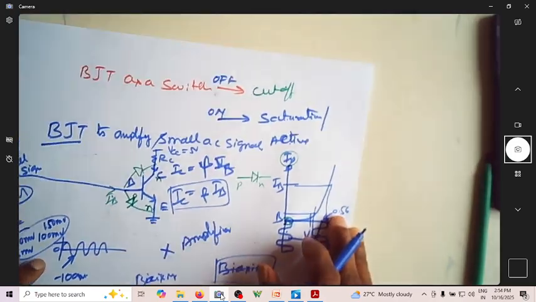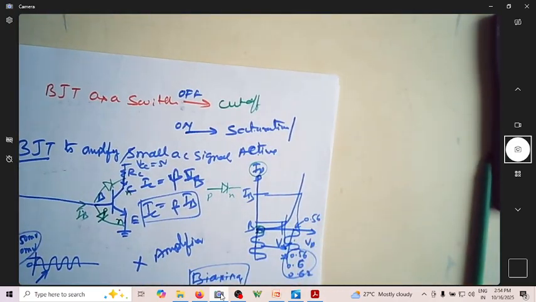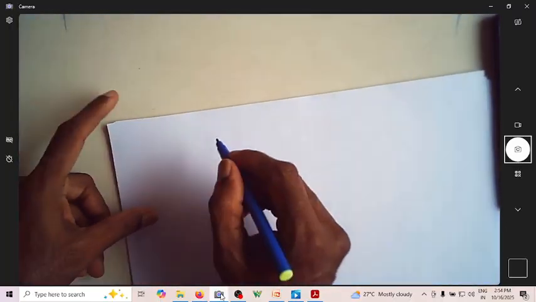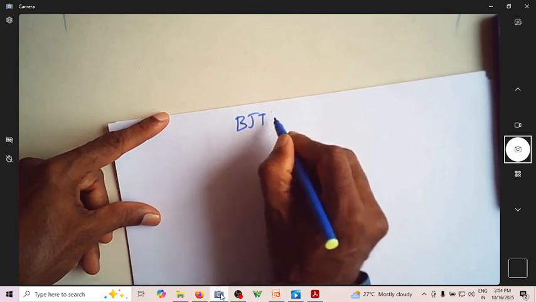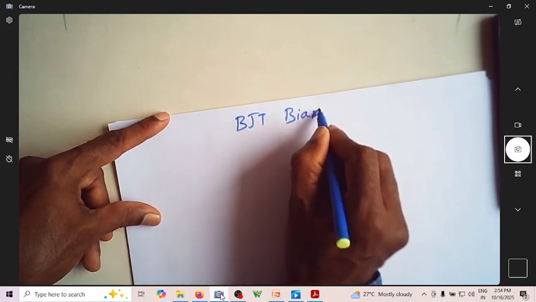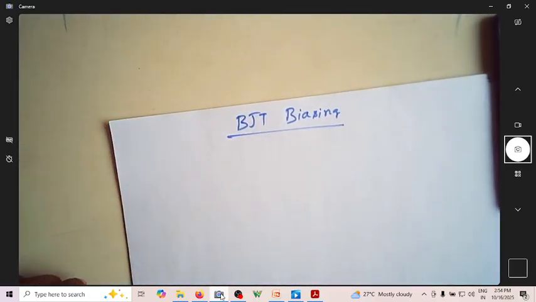So now let us see how we achieve this biasing of the BJT. Now we have this BJT, and I need to bias the transistor.